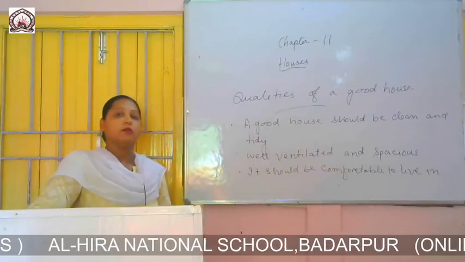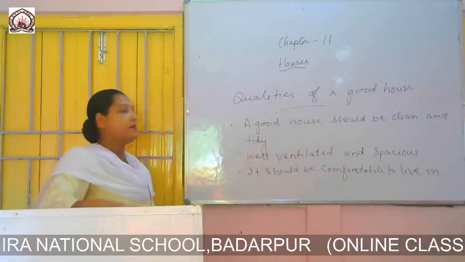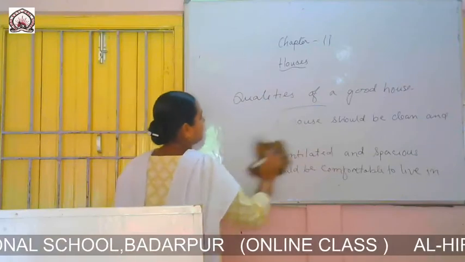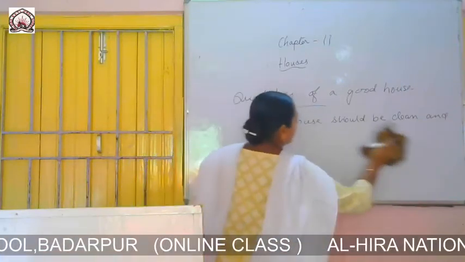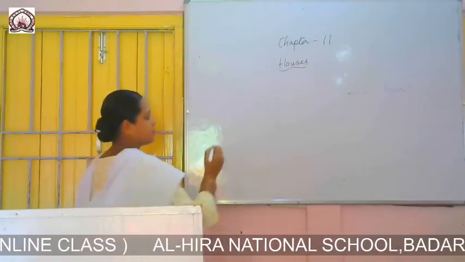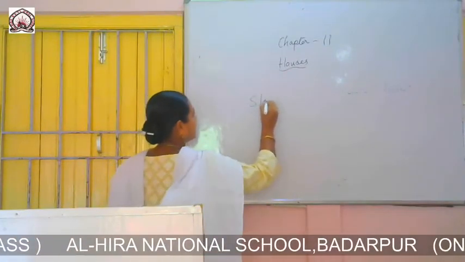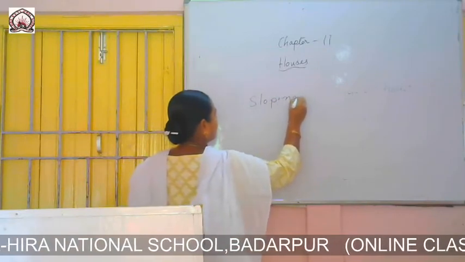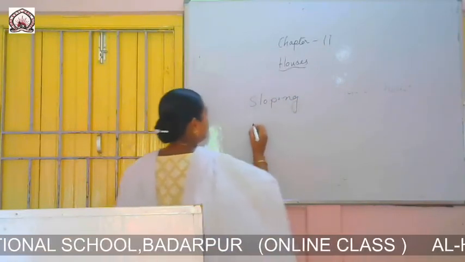Now we have different types of roofs. A house has different types of roofs. So what are the different types of roofs? Sloping roof and flat roof.